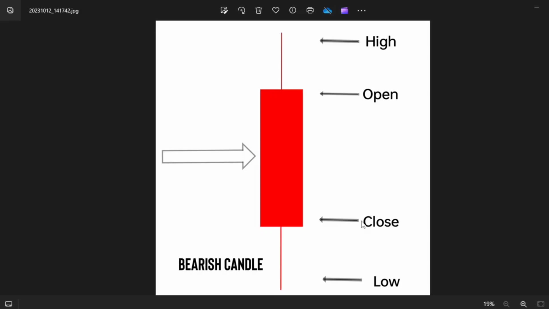This is why I say that we need to understand the principle behind candlesticks. It's possible to see a red candle and yet it's giving you a bullish signal.